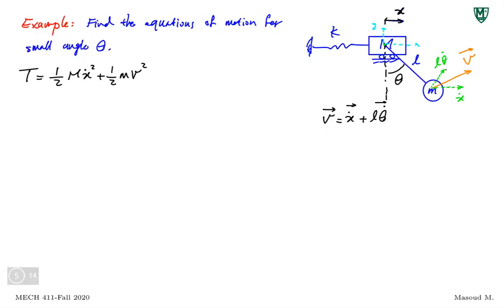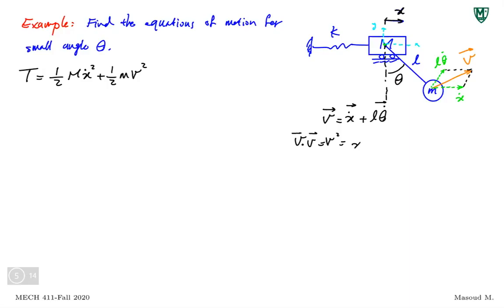Remember, these two are vectors, so they form the velocity v. The absolute velocity of the pendulum is the velocity of the cart plus the velocity of the pendulum itself with respect to the cart. Now, I want to find v squared. Well, it's a vector, so v dot v becomes v squared.